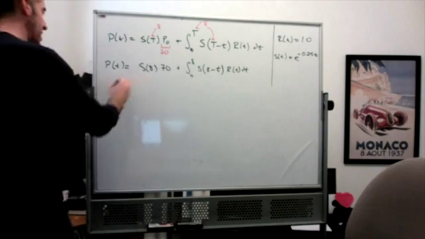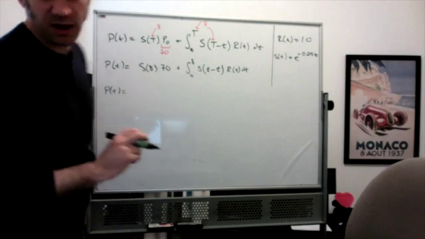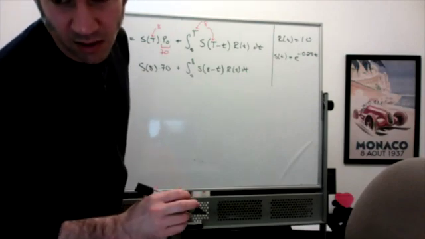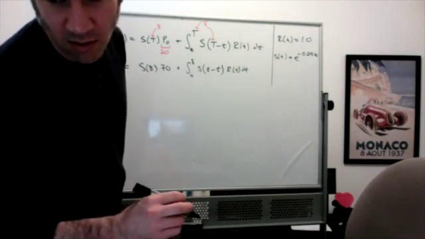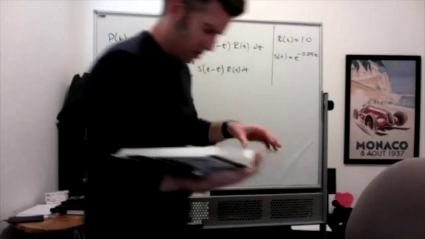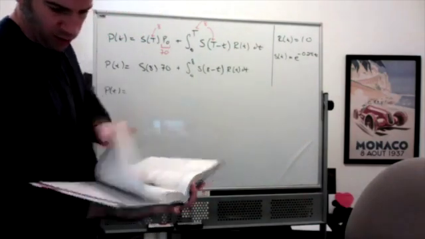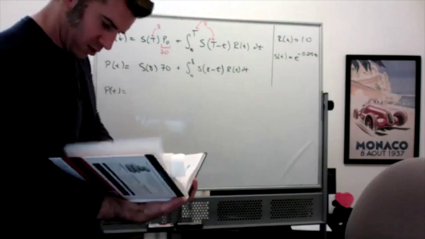So S of 8 is going to, I feel like I've made a, no, that's fine. Let me verify one thing real quick. Sorry, I feel like I'm making a stupid error. I don't want to make a stupid error. Let me see one thing.